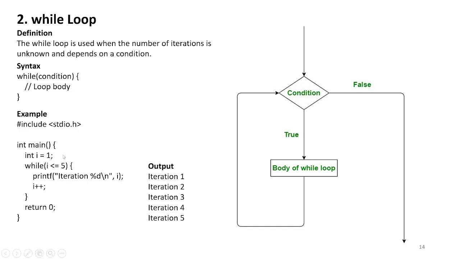Let's dry run it. The first time, I is 1, and it is going inside this while loop. It's checking if 1 is less than or equal to 5.